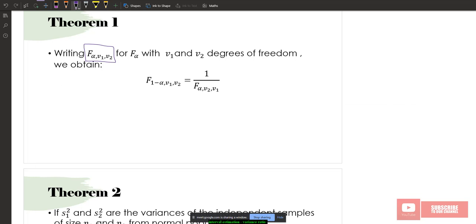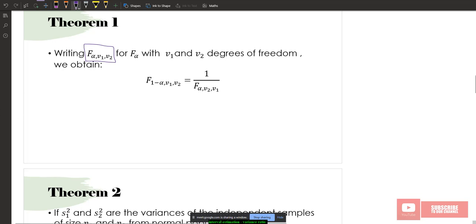This is a theorem in the F distribution. Basically, you already learned this in QMT 211.